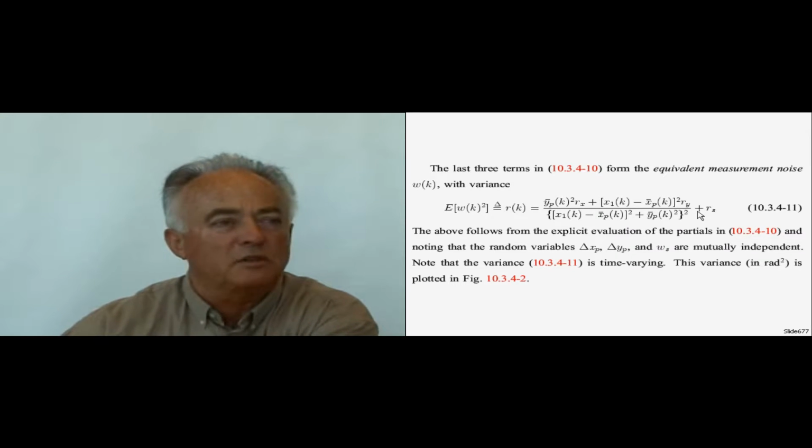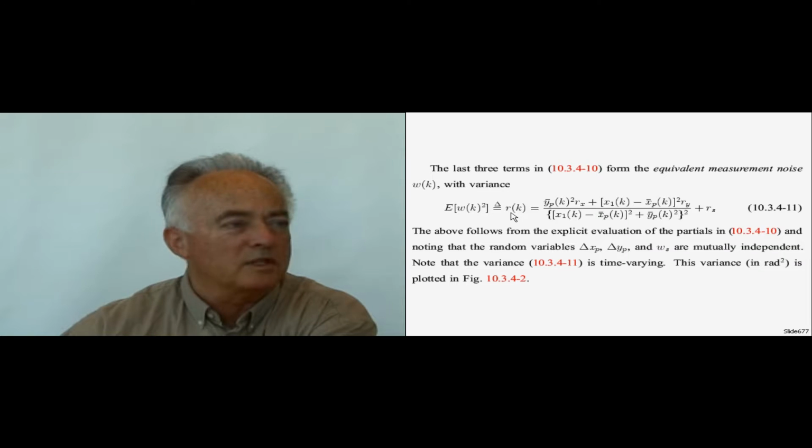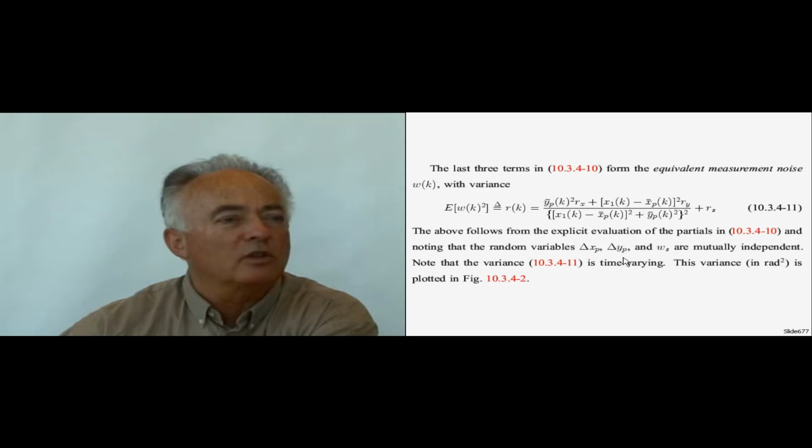So these three factors now combine to give us the overall equivalent measurement noise variance. This obviously requires those partials, and we have used the fact that these random variables delta xp, delta yp, and ws are mutually independent.